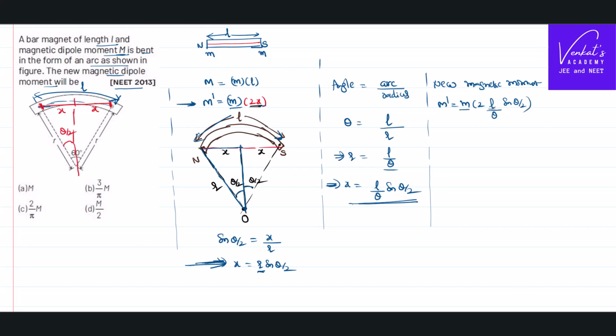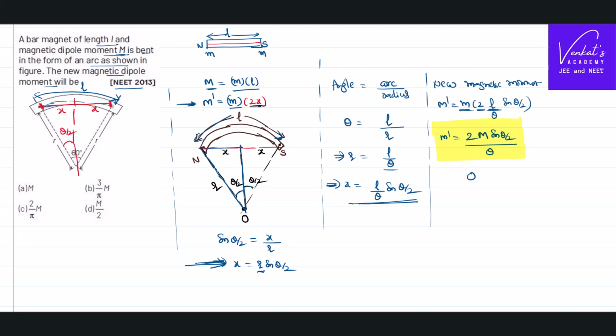M into L is the original magnetic moment. So, in the place of m into L, I can write original magnetic moment, and 2 is there. So, 2 into original magnetic moment sin theta by 2 by theta is the expression for the new magnetic moment when a magnet is bent like an arc. This is how I can derive a formula. Without substituting the data, I have derived the formula so that you can use it further.